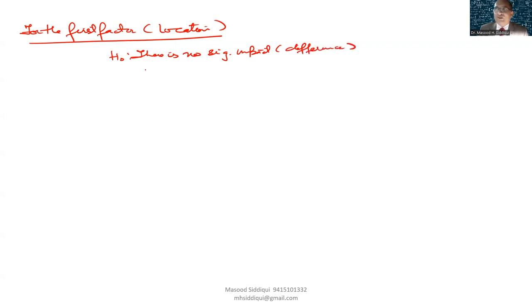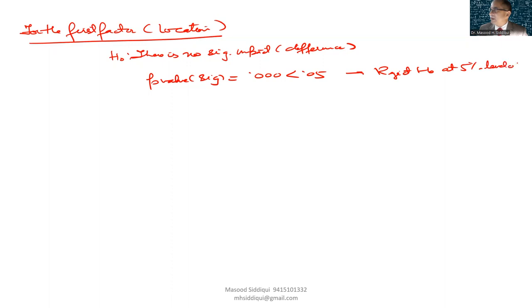So here, for the location, the p-value or the significance is 0.000, which is less than 0.05. So we reject H naught at 5% level of significance. So there is a significant impact of the first factor.